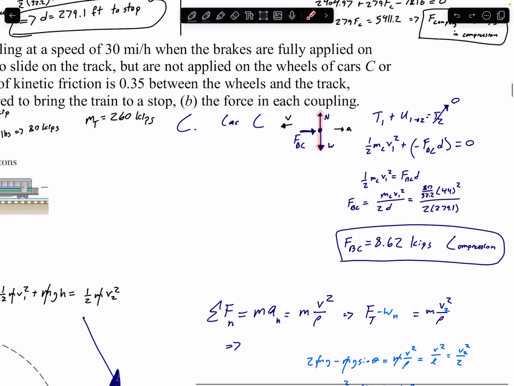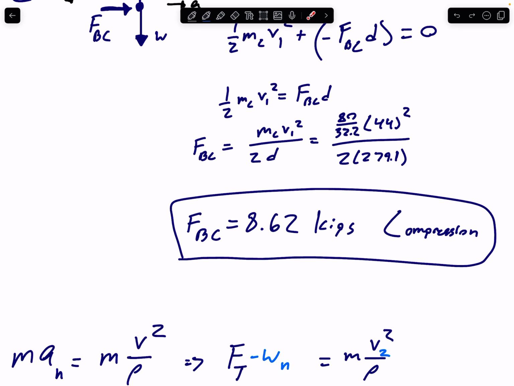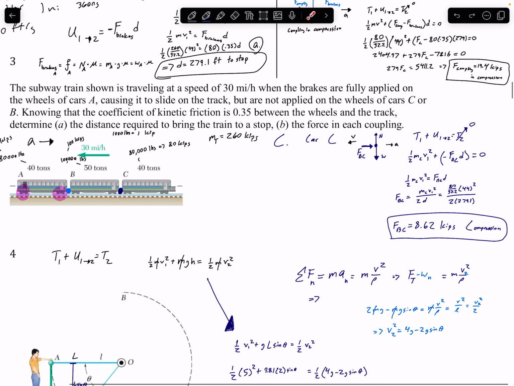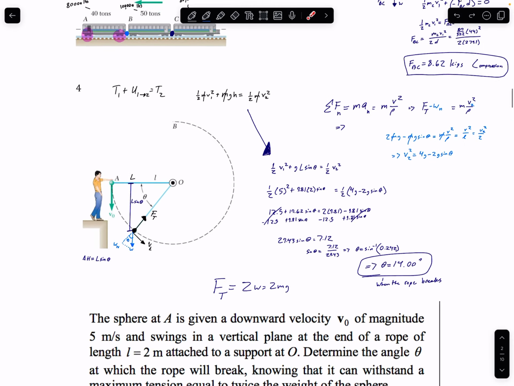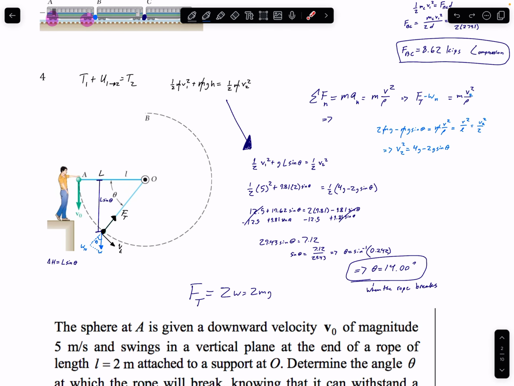So we know that the work being done on it is all force of the coupling. So this is easy. Again, do some algebra, move that over to the right side. Plug in what we do know, and we can find the force of the coupling at BC is equal to 8.62 kips in compression.